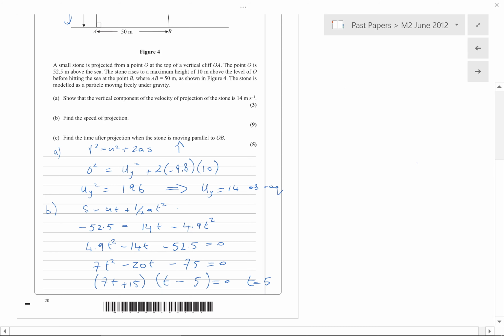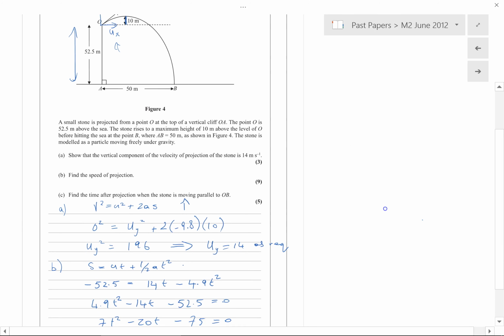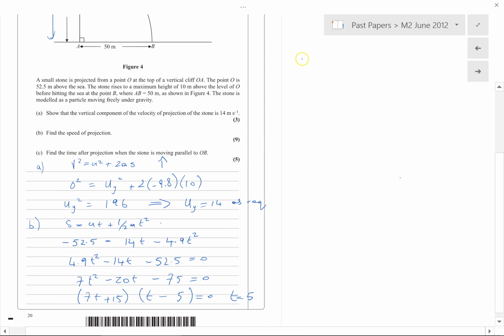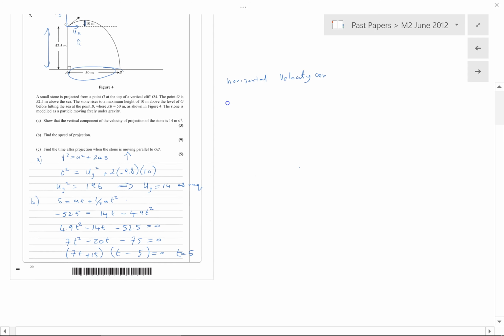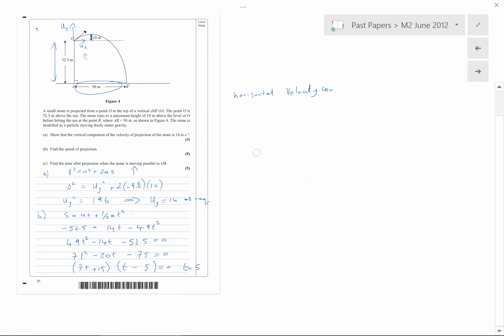Now we have t equals 5. We can work out the horizontal velocity. The horizontal velocity is constant, so it's gone 50 meters in 5 seconds.